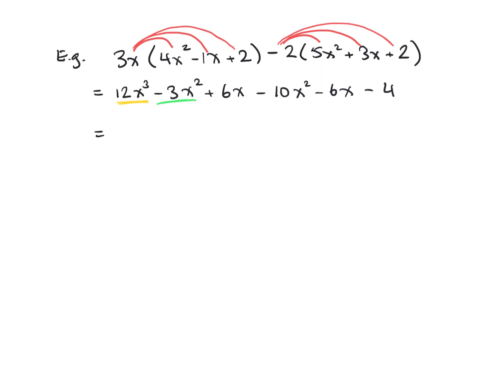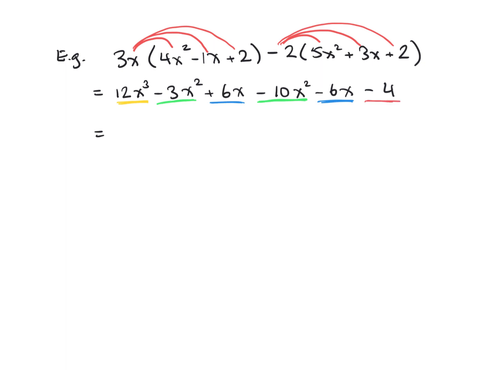So I look down the line and ask, are there any more x squared terms? And I see one, negative 10x squared. So I'll underline those the same color. The next term is positive 6x, and I look down the line and ask, are there any more x terms? And I do see one, a negative 6x. And that leaves one term left over by itself, negative 4.